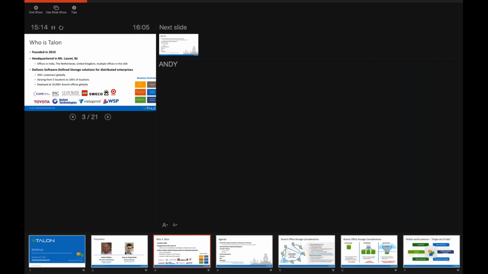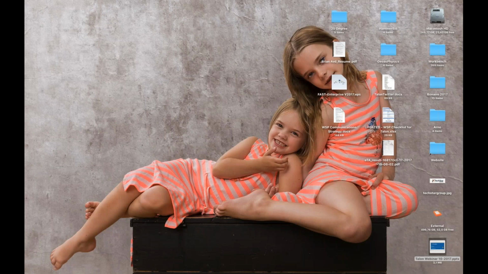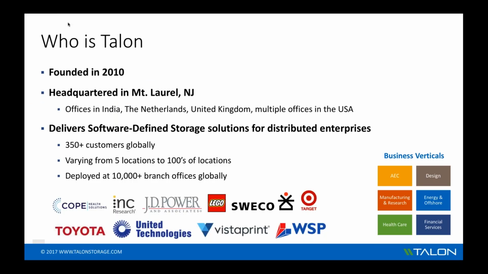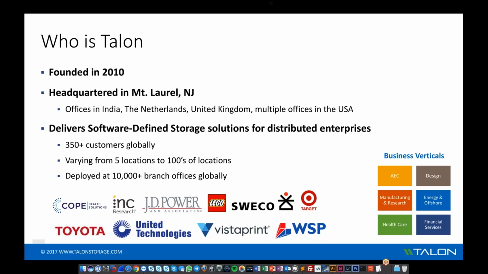The real focus of our organization has been around delivering software-defined storage solutions for distributed enterprises. That's a pretty broad term, but what that means is that we're really looking at customers that have anywhere from 5 locations to 100 locations, that we can address the inherent challenge around distributed file storage, unstructured data, as well as storage and server proliferation.